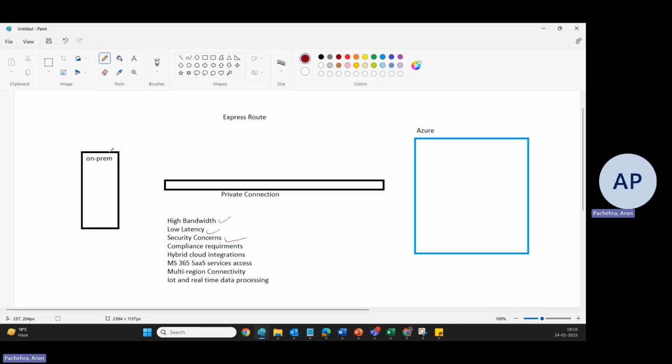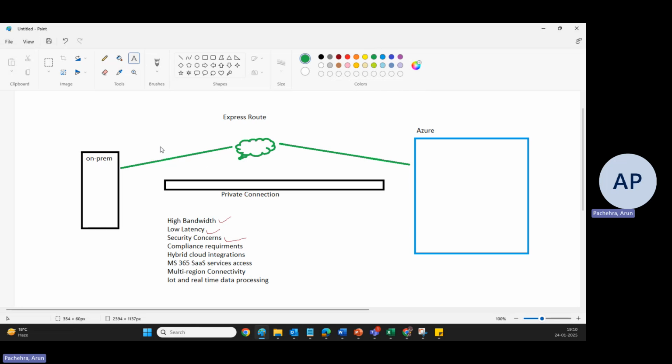If this connection is going over the internet, and if the connection goes like this via VPN, whatsoever it is, then there are issues.